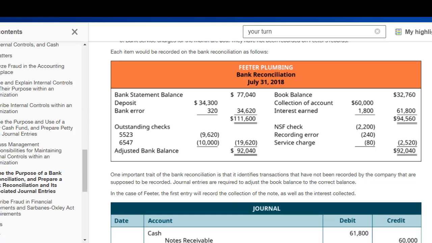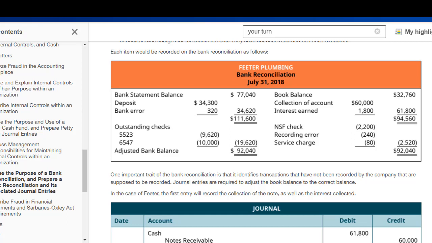The bottom line is, before you begin the reconciliation process, you thought you had about $32,000 in the bank. The bank claimed, according to the website where you're checking your balance, that you actually had $77,000.